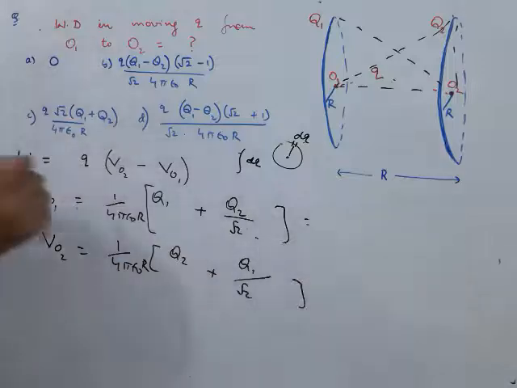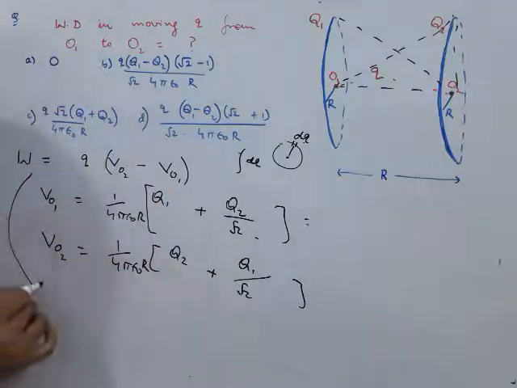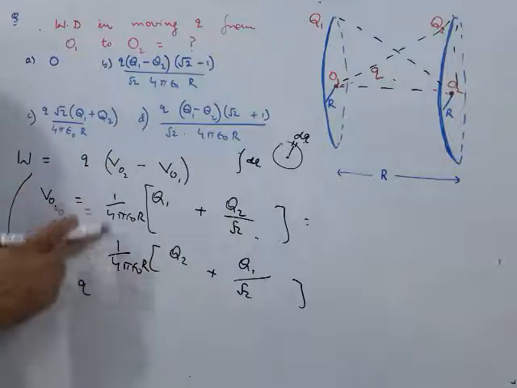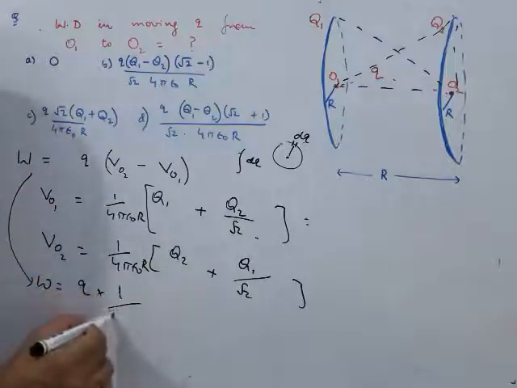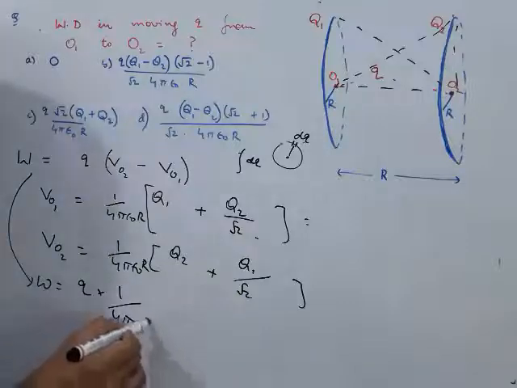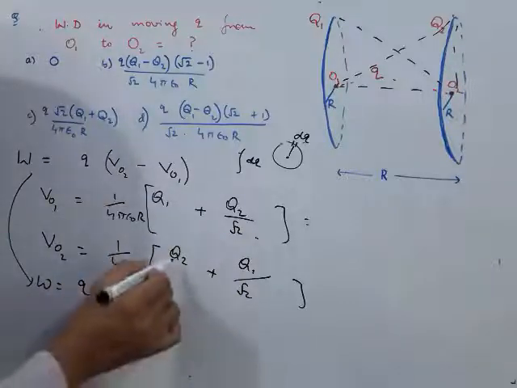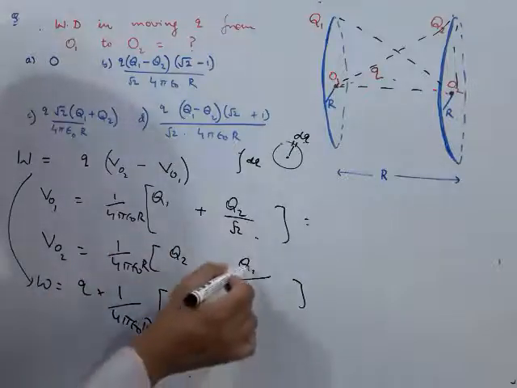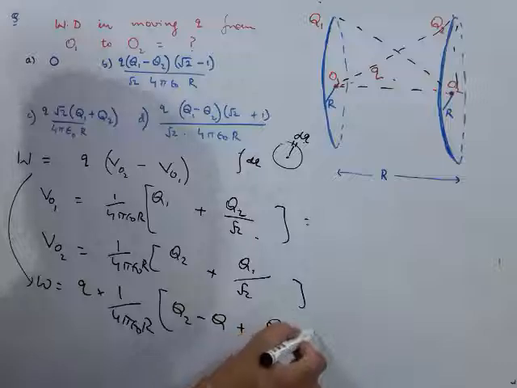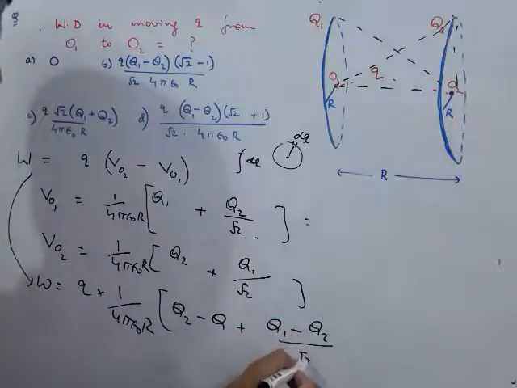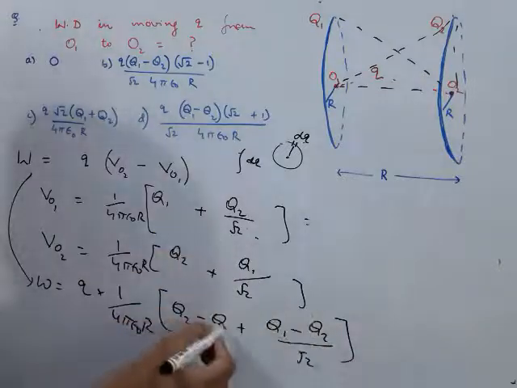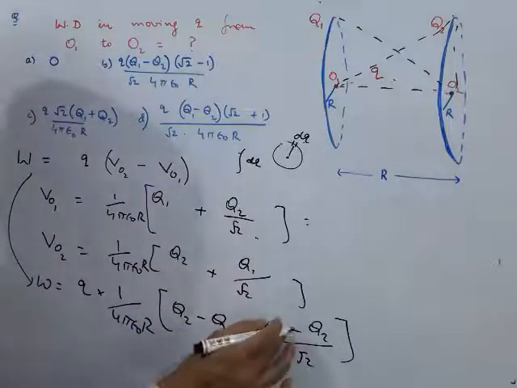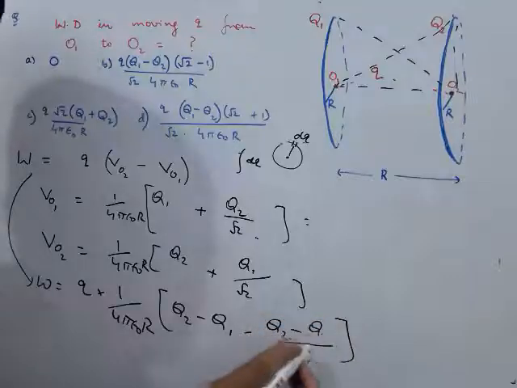Therefore work done will be q into VO2 minus VO1. So this minus this, when you do it, you get this term as common, 1 by 4 pi epsilon naught R. This minus this. So Q2 minus Q1 plus Q1 by root 2 minus Q2 by root 2. Now this is the answer. I can take the minus sign common, and then this becomes Q2 minus Q1.